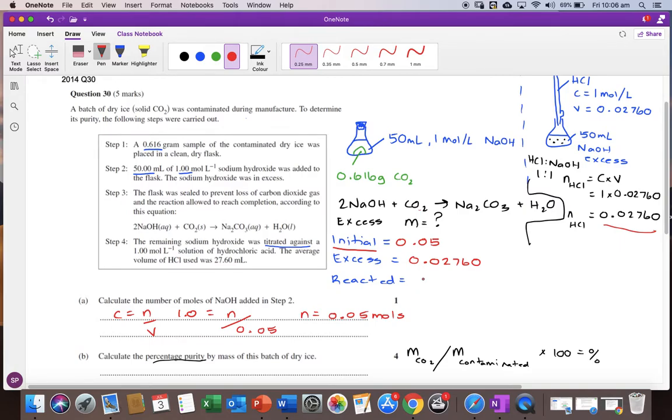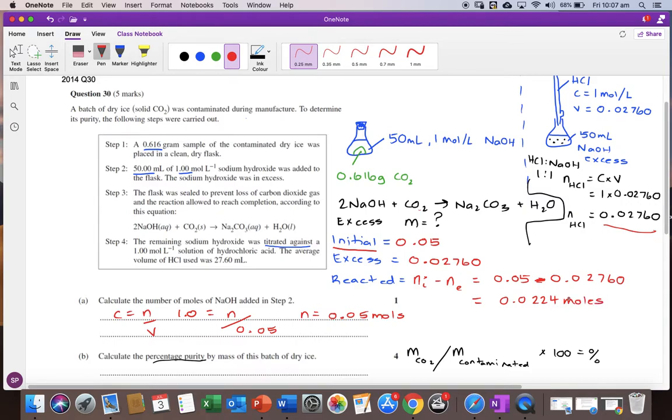The number of moles that reacted is our number of moles initial minus our number of moles in excess, which equals 0.0224 moles.